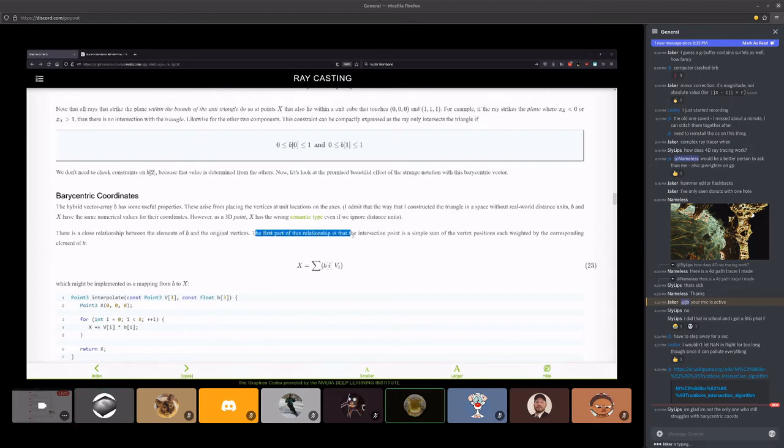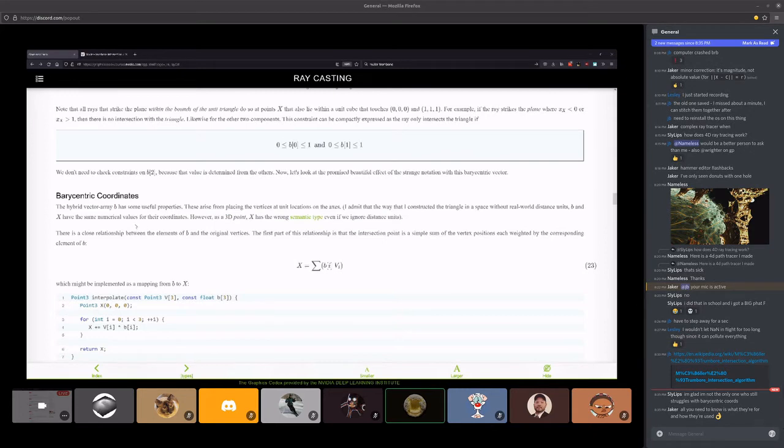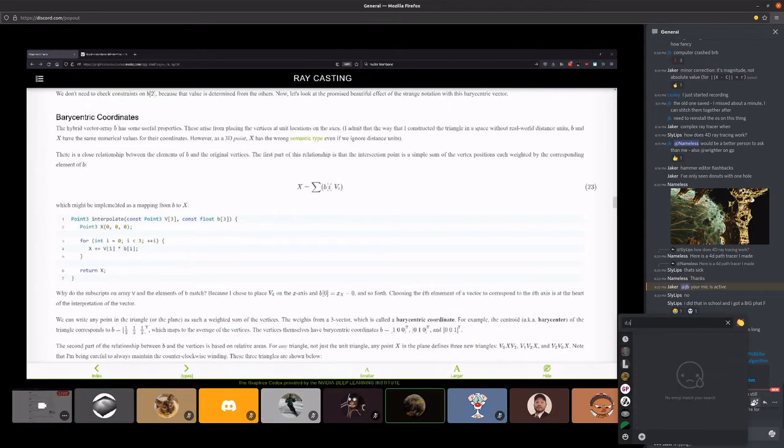So B is kind of like, hey, let's take the original points in there and subtract away the origin. So it's kind of like redefining things.